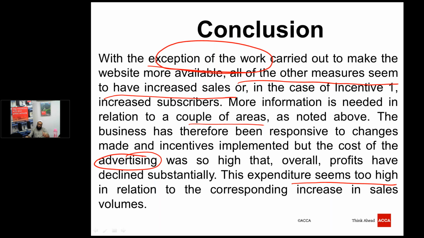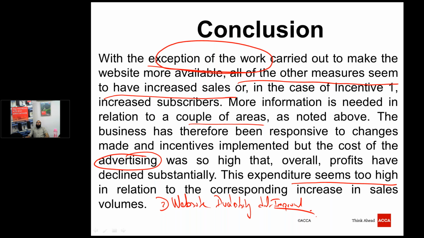And one thing more that you could have mentioned here is that website availability didn't improve. Okay, so this is what you can mention here as well. Website availability didn't improve, which was important again.